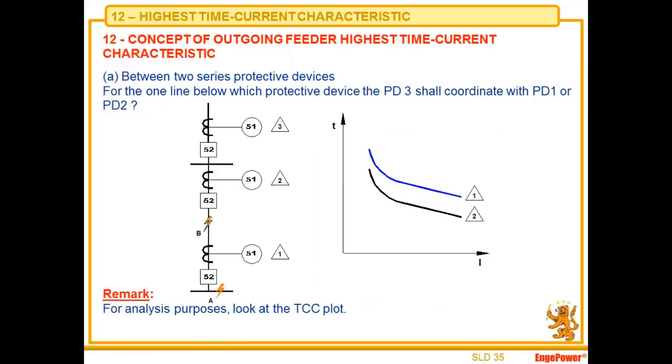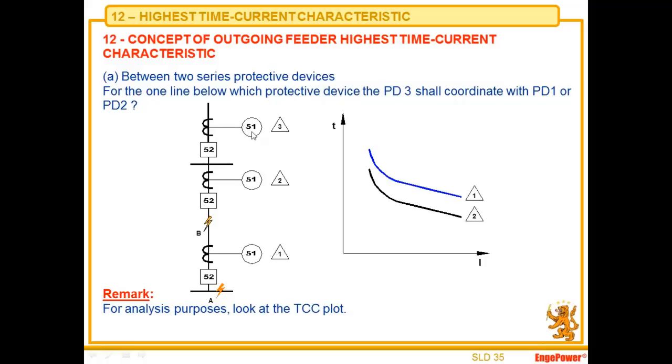This is a very interesting example for those who are starting in protection coordination. Here you have protective device 1, protective device 2, and protective device 3. If we fault the bus at this point A, the relay that should trip first would be number 1. If this relay fails, it should be the 2. If this fails, should be the 3.